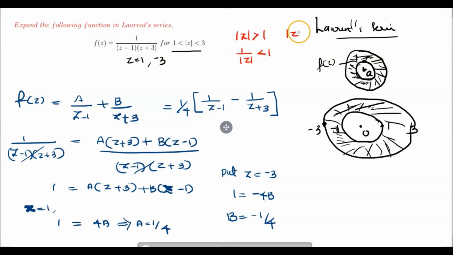Also, this is mod z less than 3. That means mod z by 3 is less than 1. So note this region: 1 by mod z less than 1 and mod z by 3 less than 1. This is our valid region for the series. So here we have 1 by z minus 1 and 1 by z plus 3.